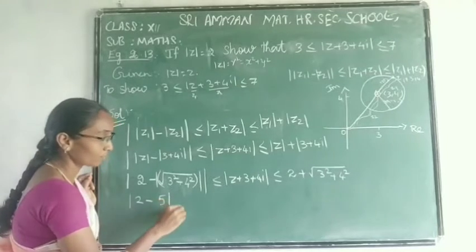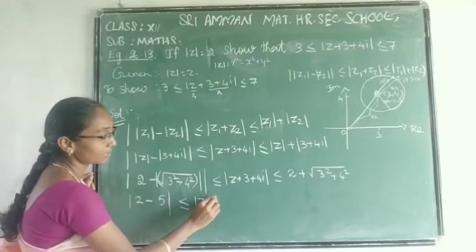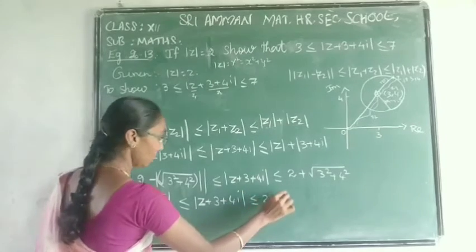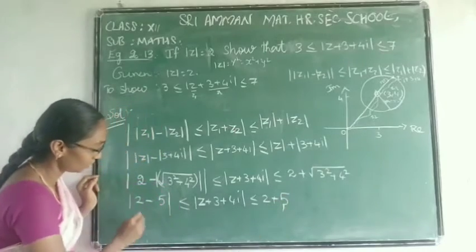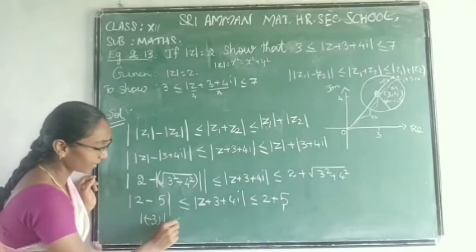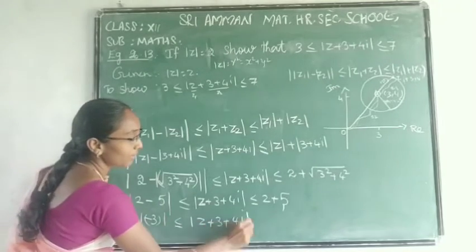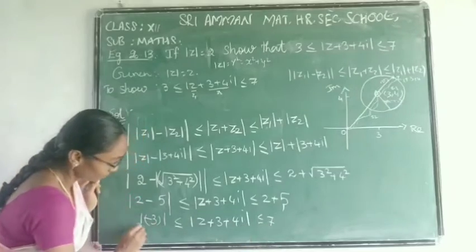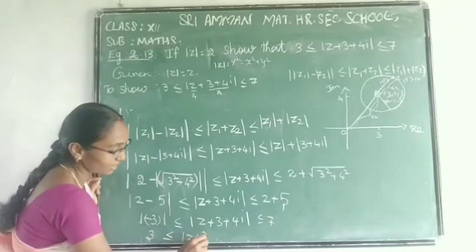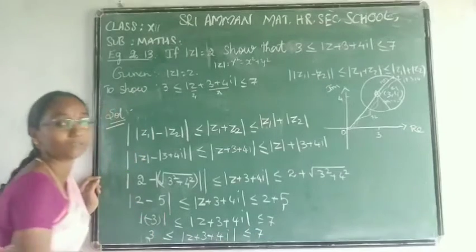So, 5 is less than or equal to modulus of z plus 3 plus 4i, which is less than or equal to 2 plus 5. Modulus of minus 3 is 3, less than or equal to modulus of z plus 3 plus 4i, which is less than or equal to 7.